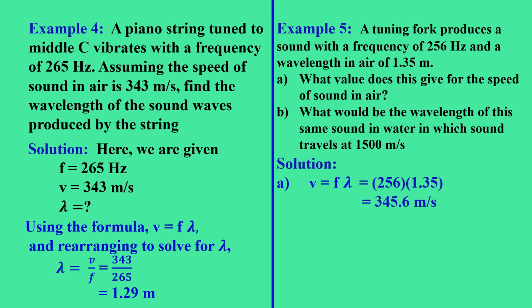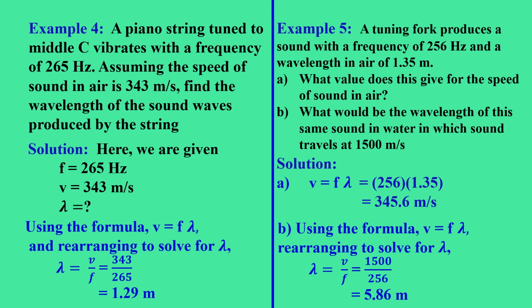So for letter A, we are required to find the speed. So from formula V equals F times lambda, substituting the values, we have 256 times 1.35 is 345.6 meters per second.